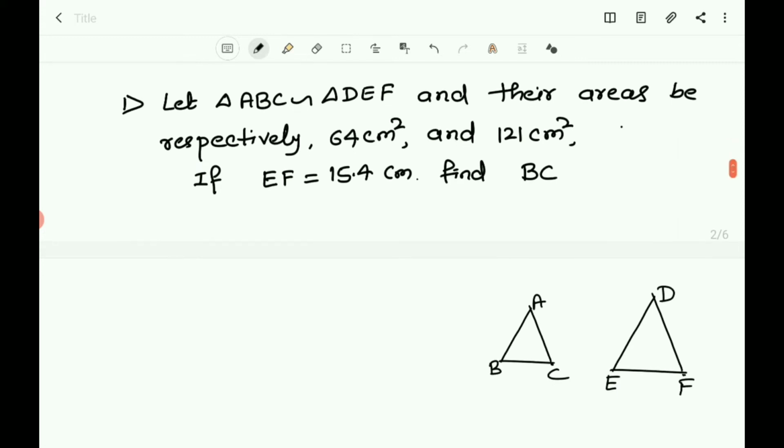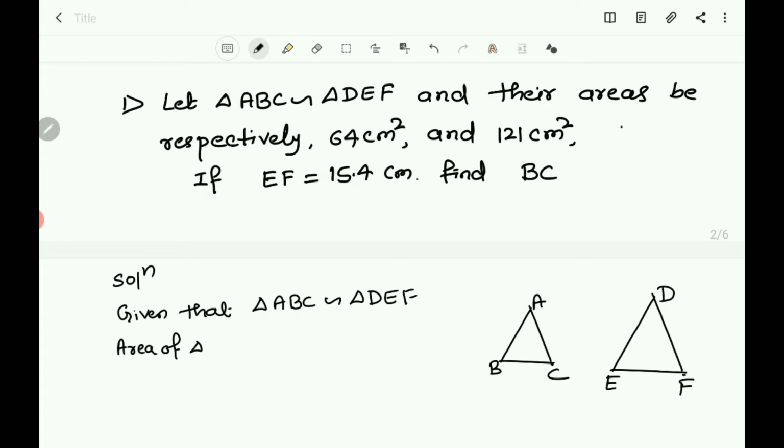Here two triangles are there. It is said that they are similar. So what is given here? Solution: it is given that triangle ABC is similar to triangle DEF and their areas are given, that is, area of triangle ABC is equal to 64 cm square and area of triangle DEF is equal to 121 cm square.